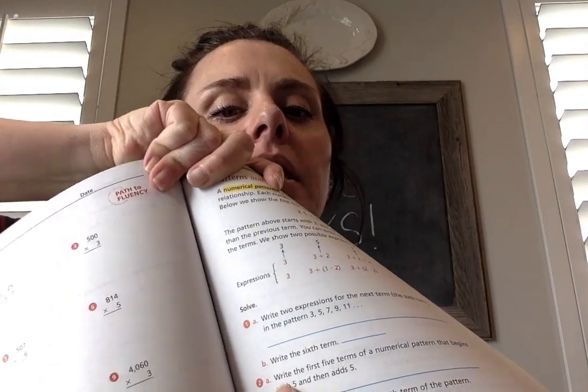Right here, B, you're going to write 13. Okay, but let's figure out how we're going to write our expression for that. We're going to write it 2 different ways, just like they did up in the example. There's those 2 red lines, and we're going to write them each way as well.